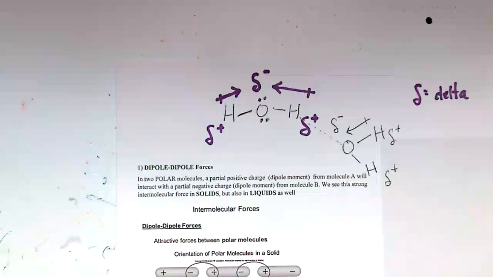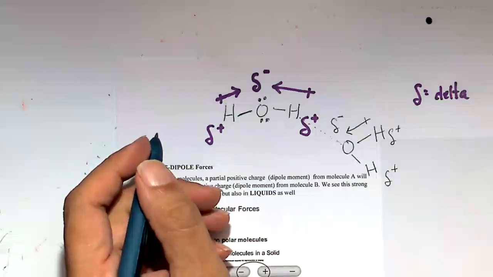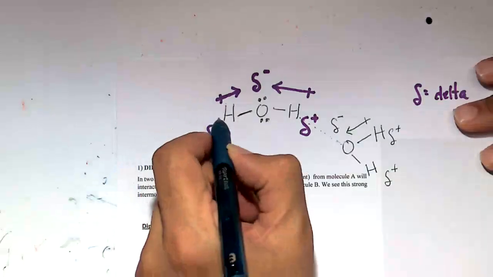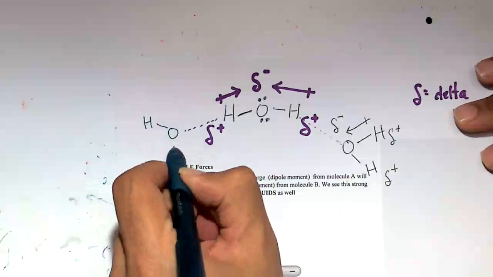Okay, what about this partial positive? What can it interact with? Okay, it can interact with a partial negative. Let's make that partial negative a water molecule, another water molecule.